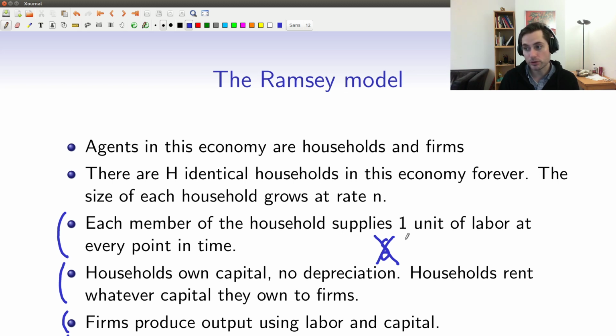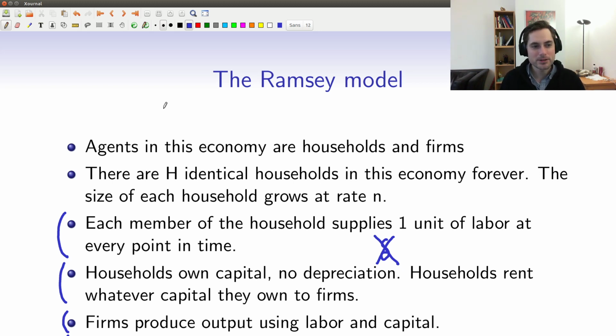So firms can't produce a little less to raise the price in order to get higher profits, and households also can't supply a little bit less labor to raise the price of wages, or supply a little bit less capital to increase the rental rate of capital in order to maximize their budget.